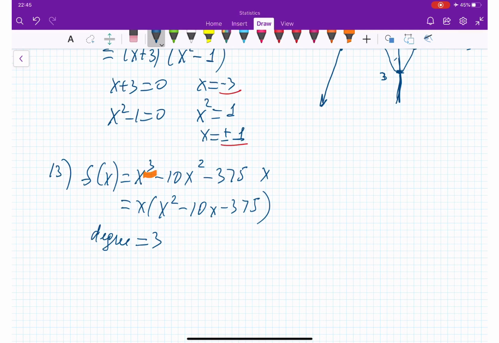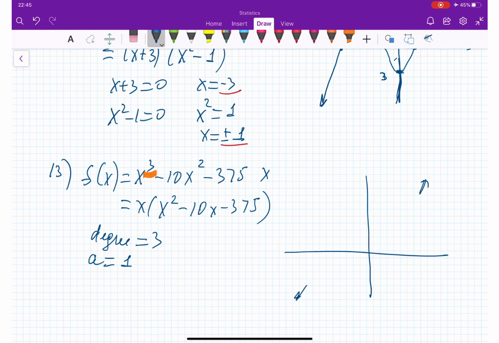And the coefficient a is equal to 1, because here we have 1. Okay, so, and end behavior, it's going to be like this and this.